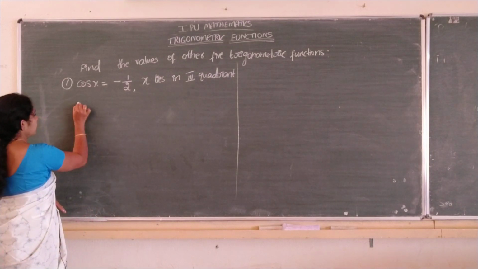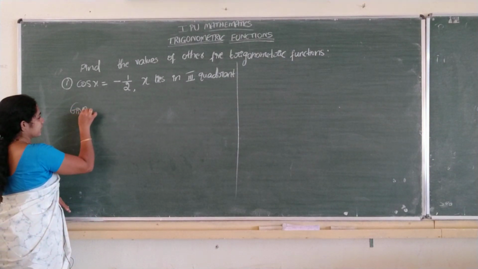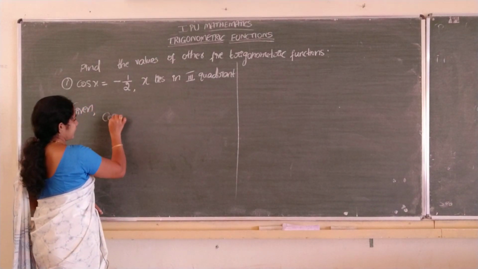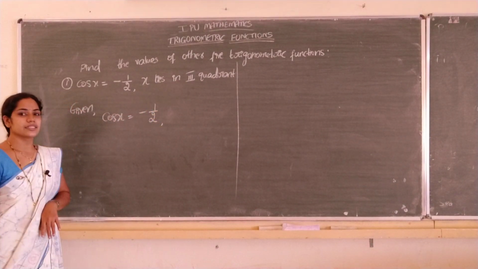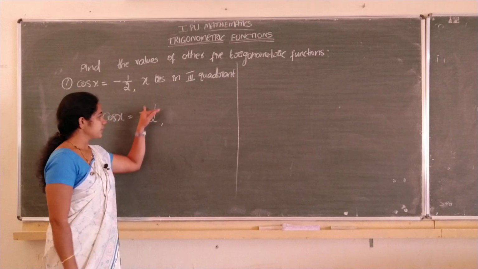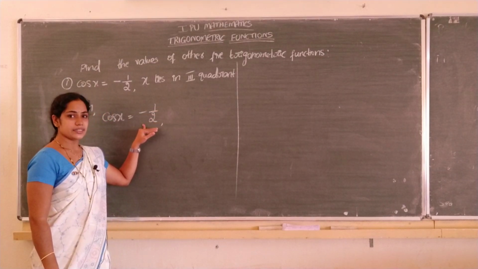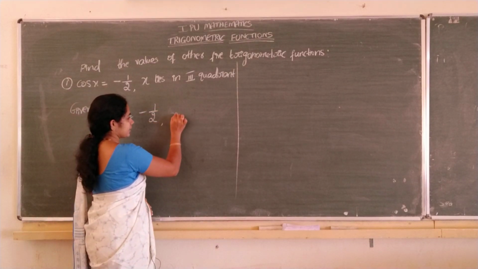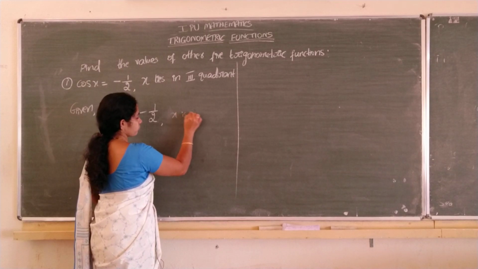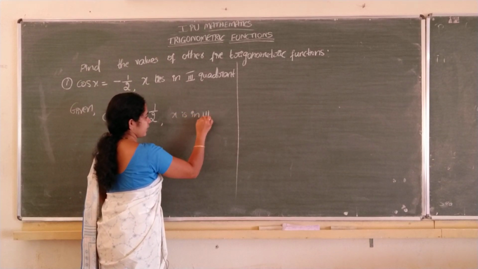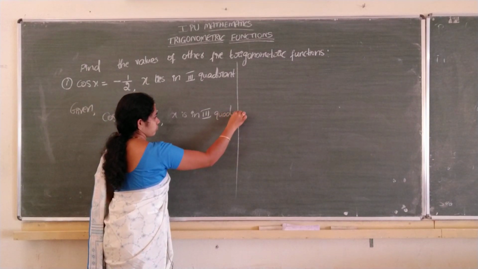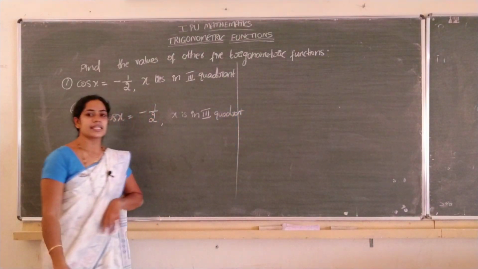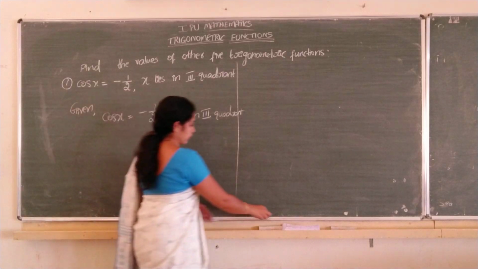See, first let us write what is given. Given that cos x is equal to minus 1 by 2, where x is in third quadrant, correct?